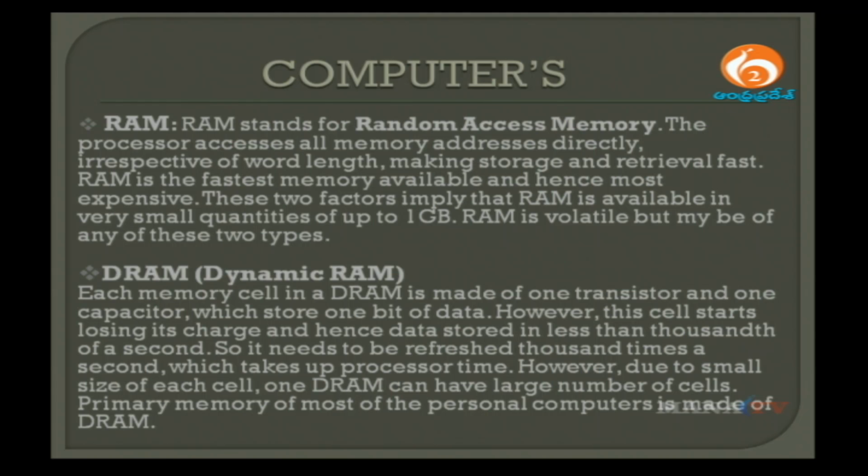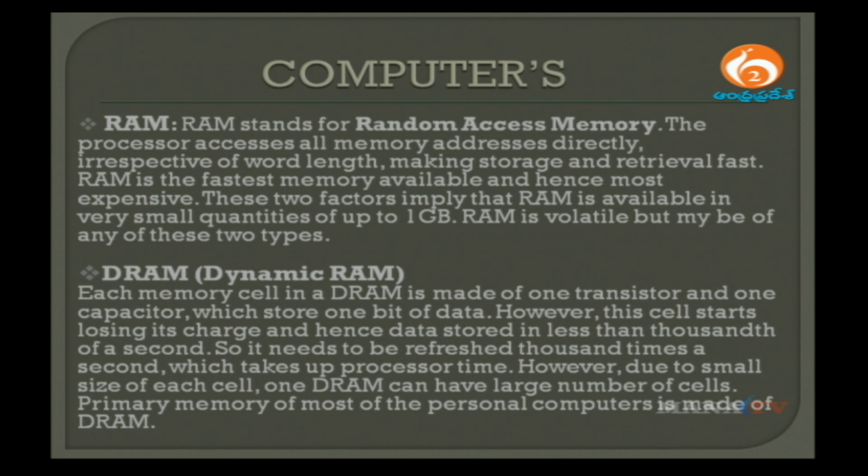So let me go now deep into the primary memory and let us see what we have. If you can see the slide here, we have RAM. RAM stands for random access memory. The processor accesses all memory addresses directly, irrespective of word length, making storage and retrieval fast.